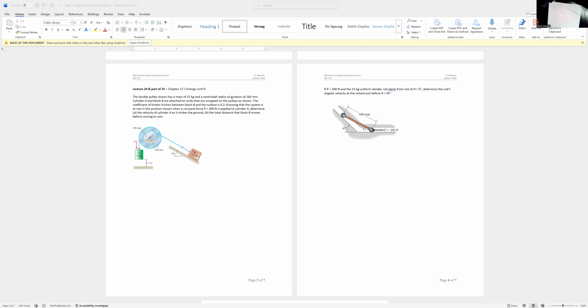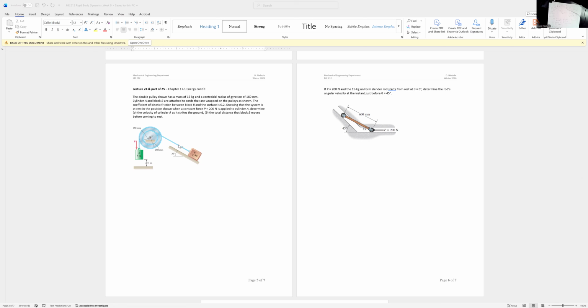We're given that B is 15. We're given A is 5. There's a force P being pushed down on A, and it goes down a total meter. So we know we have force times the distance. We have gravity pulling A down.